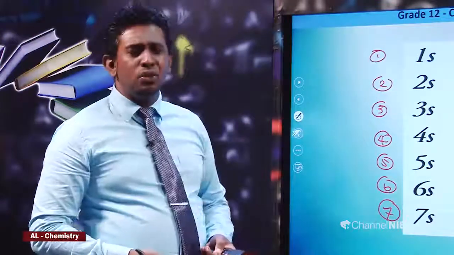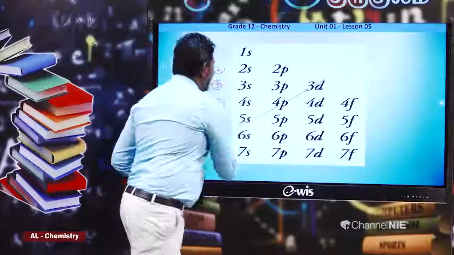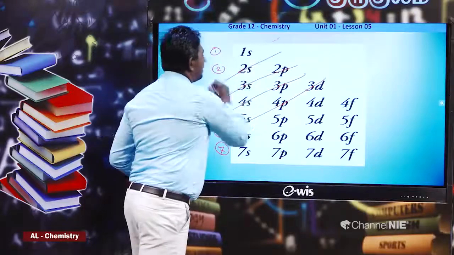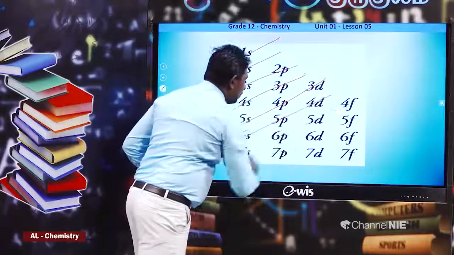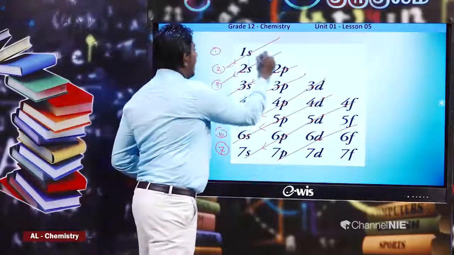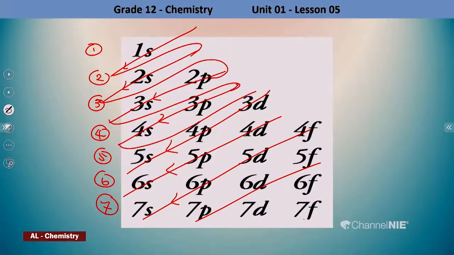Then students, you could find this order by drawing a diagonal here, and continue drawing parallel lines there as well. It follows this direction in the increasing of their energies, so you could link one to another in this manner.